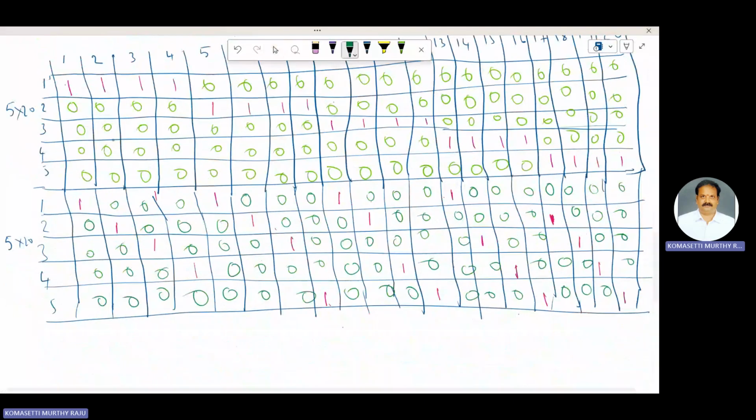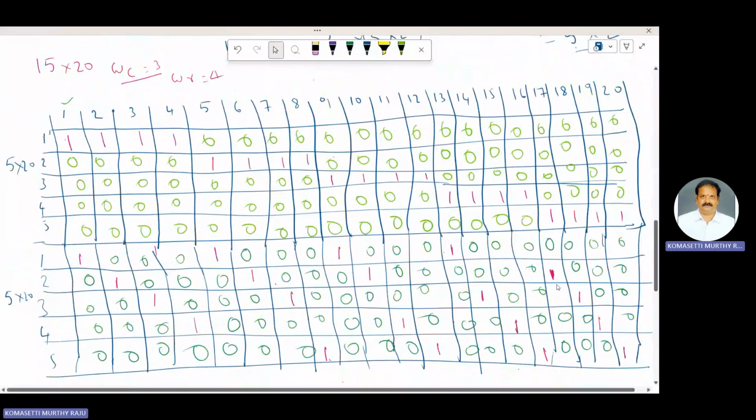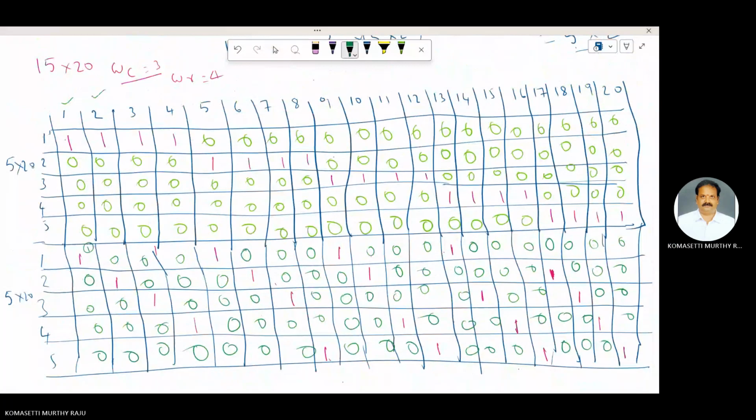Column permutations means, here in the second submatrix, the first column is this one here, the second one is the fifth one of the first submatrix, another one is the ninth one.